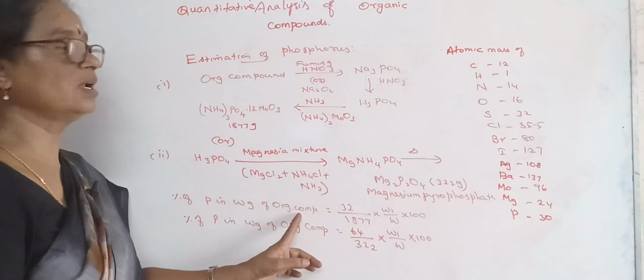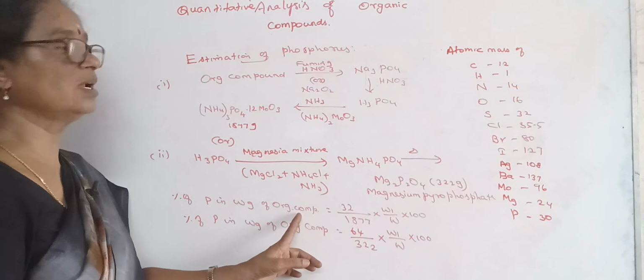Estimation of oxygen. Once all other elements are estimated in a given organic compound, the sum of their percentage masses, when subtracted from 100, gives the percentage of oxygen.